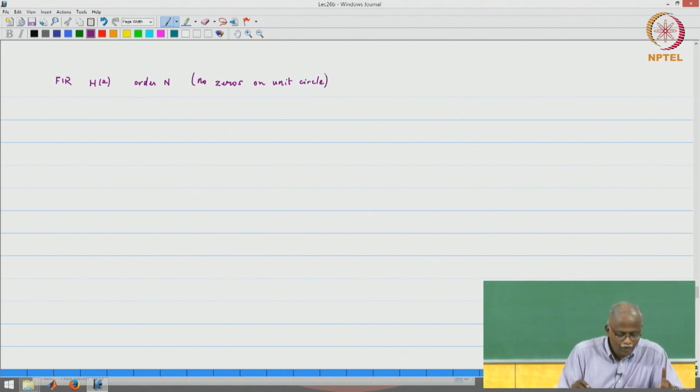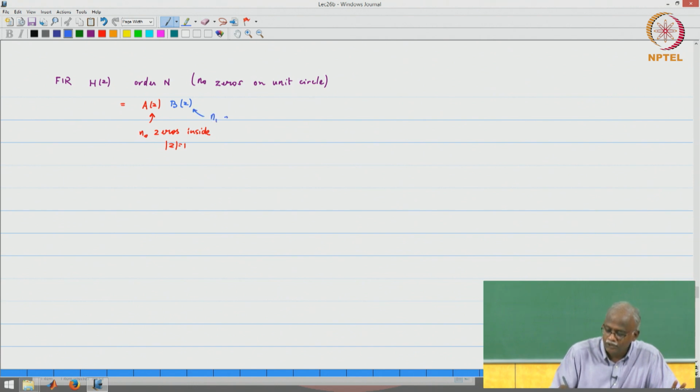Okay. So now if I group the zeros that are inside the unit circle, which I will call A of Z, and there are, let us say, n0 zeros inside mod Z equal to 1, multiplied by B of Z, which captures the zeros that are outside the unit circle, and this says there are n1 zeros outside mod Z equal to 1.